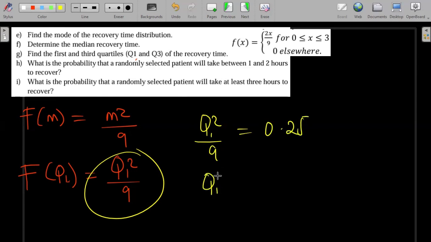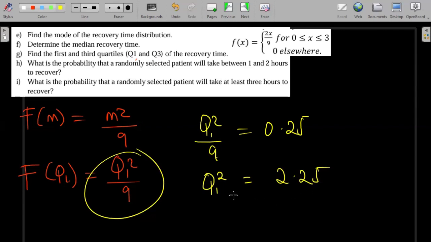So Q1 squared is equal to 9 multiplied by 0.25. On the calculator, 9 multiplied by 0.25 gives me 2.25.